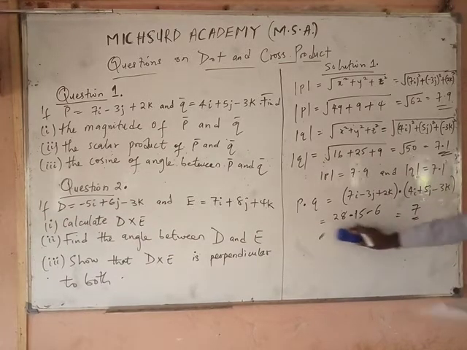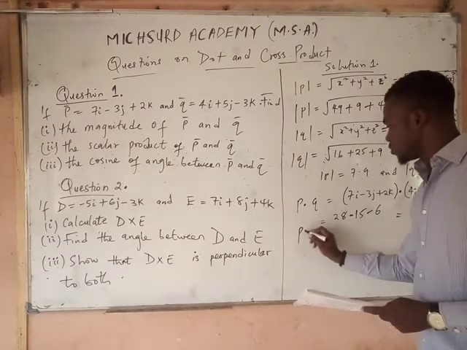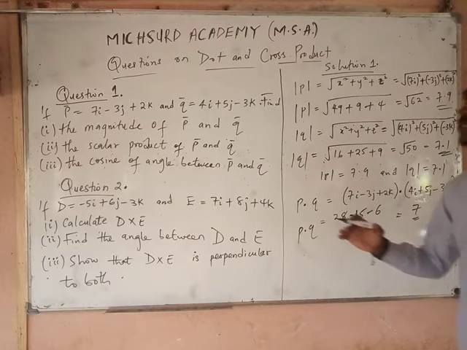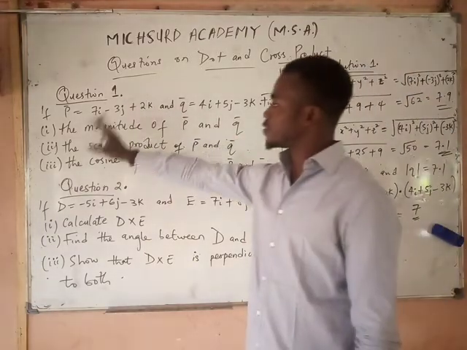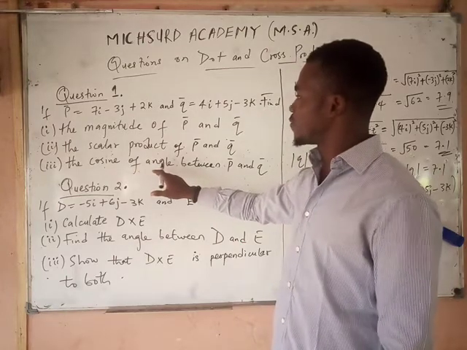So that is the result of our dot product. That means p dot q is equal to 7.